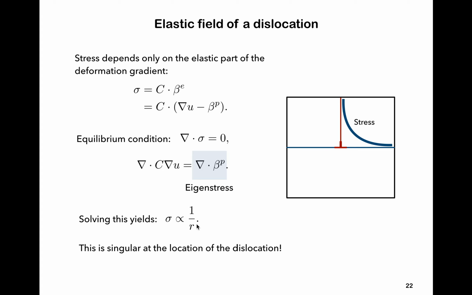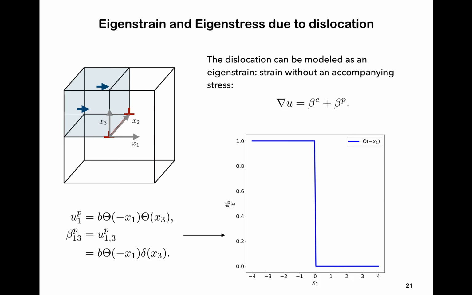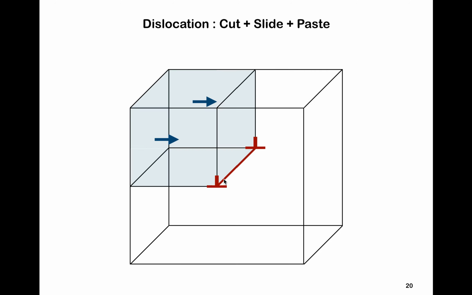What does this mean? Far away from the dislocation, there is no stress. So if I were to look at this particular body, the dislocation is present here. If I were to look at a point here and find out the stress at that point, the stress would be close to 0 because it's very far from the dislocation. But as I get closer and closer to the dislocation, the stress increases, but it increases as 1 over the distance of the point from the dislocation.